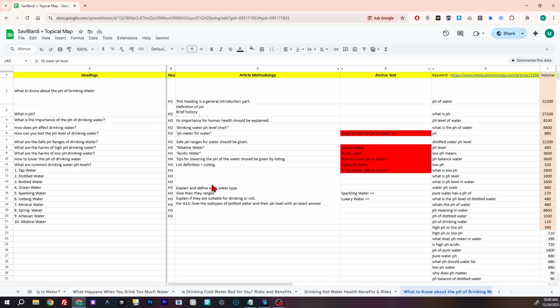So in the context of image designing or a unique image, this article about the pH of drinking water gives us a good opportunity to demonstrate certain principles and methodologies, and we also have it. If you look at our macro context, we give a general question, what to know about the pH of drinking water.